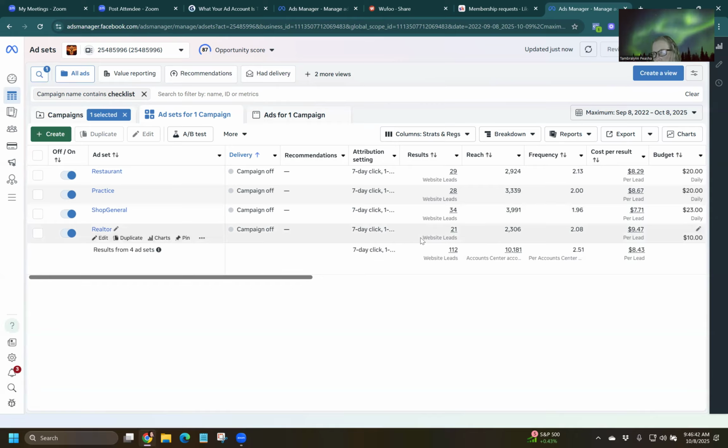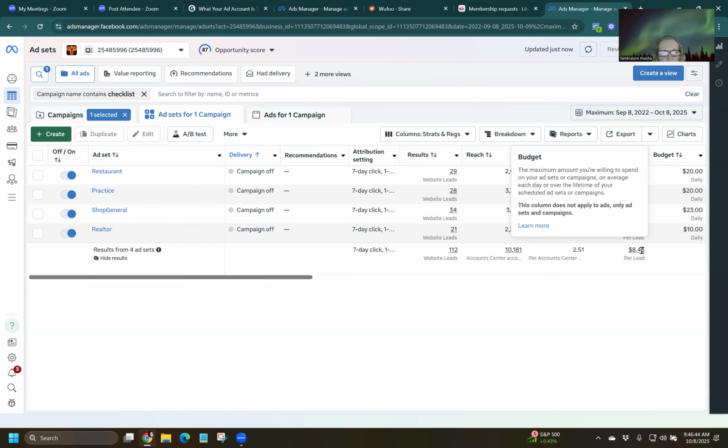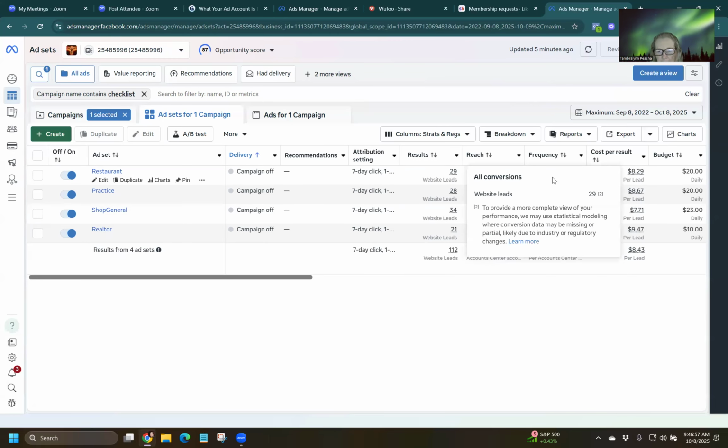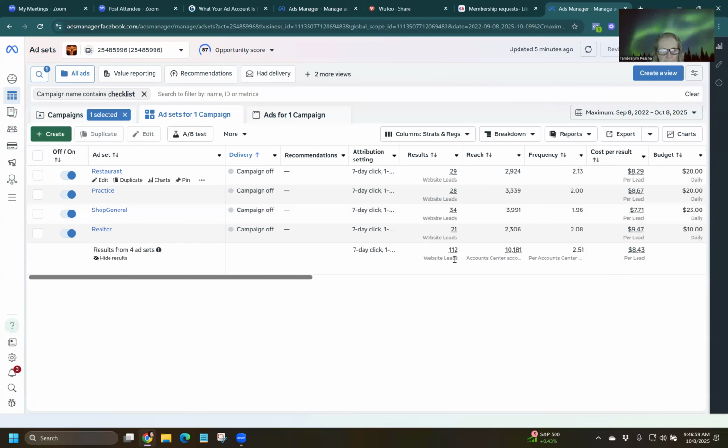I was so pleased with these numbers, I couldn't even tell you. To get conversion ad opt-ins for $7 and $8, I was like, frick yeah. I was so excited. So if you have a lot of link clicks and you're not getting the leads or the sale, it's usually because the expectation wasn't met from the link click to wherever you sent them.